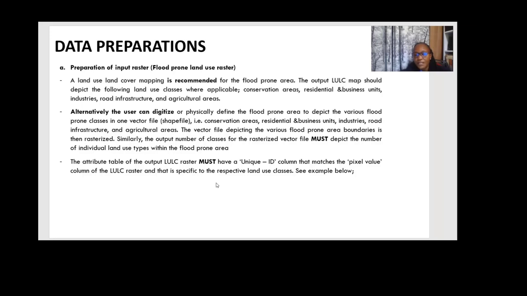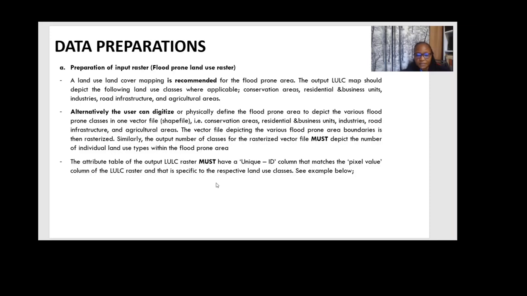It depends on the landscape and where that landscape is. You might find areas where it's only the conservation area and residential business units, or sometimes it's just the industries and the roads, and sometimes maybe the agriculture and the conservation area. So you must be in a position to classify and pick those particular land use classes that are likely to be in this flood-prone area.